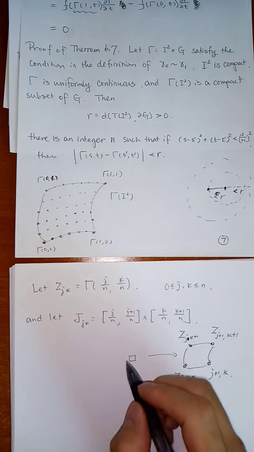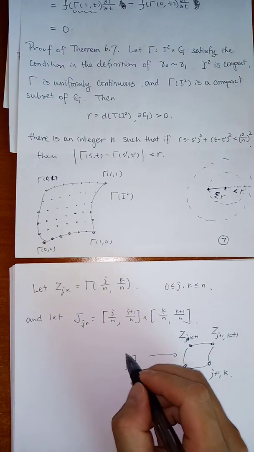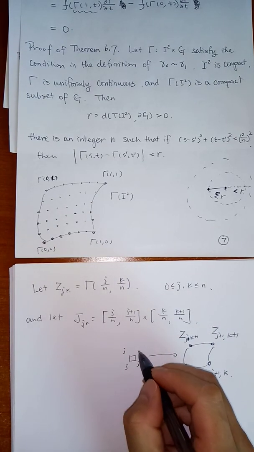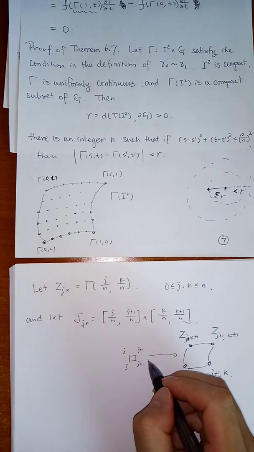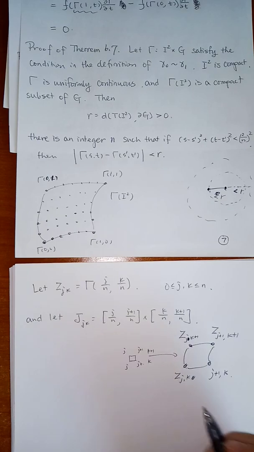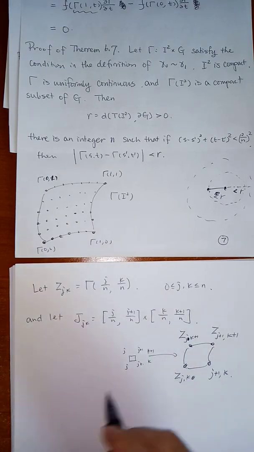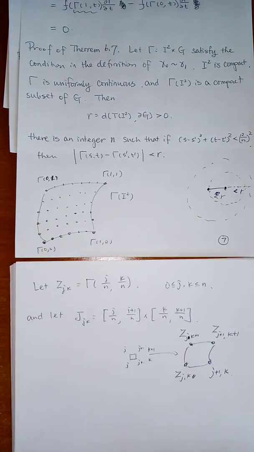For the same level, this is j's, j plus 1's, and here I have a k plus 1. Vertical and horizontal. Okay, so that's the setting.